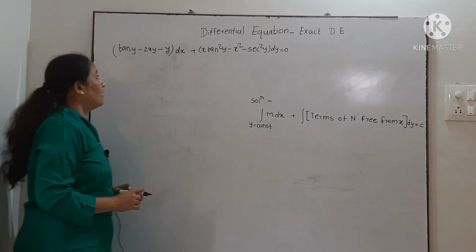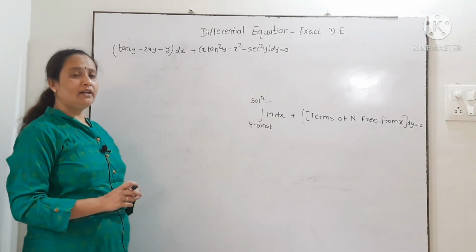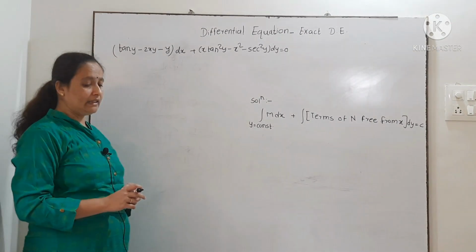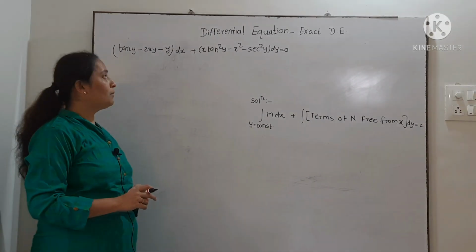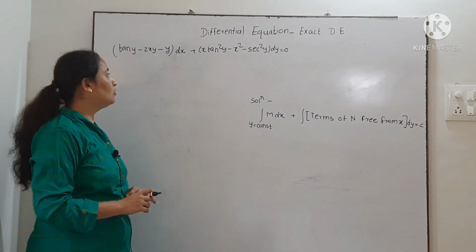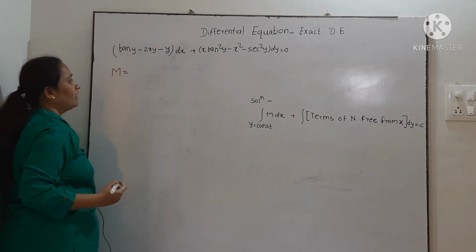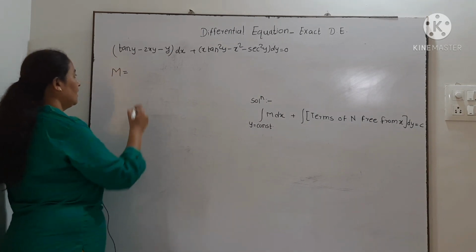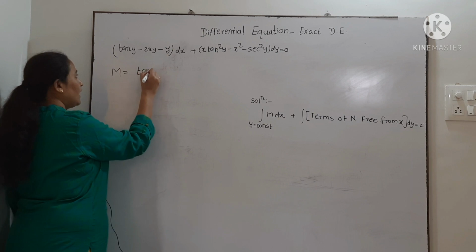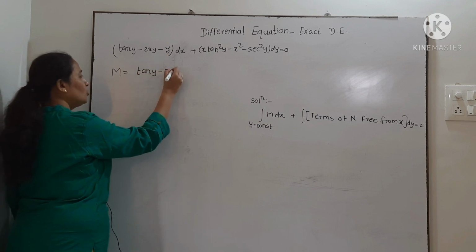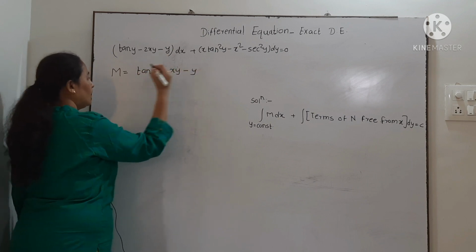Say (tan y minus 2xy minus y) dx plus (x tan square y minus x square y) dy equal to 0. Now if I compare this with M dx plus N dy, you'll get values of M and N. M is equal to tan y minus 2xy minus y.